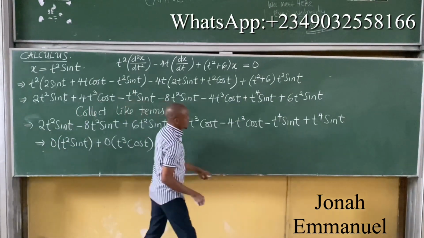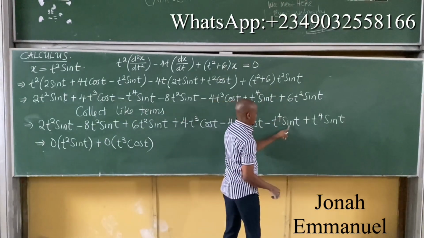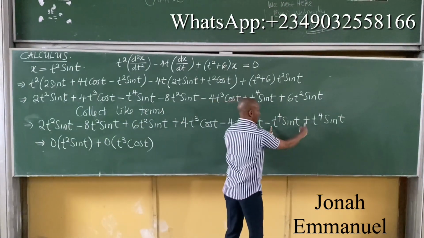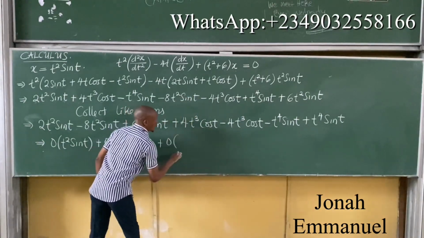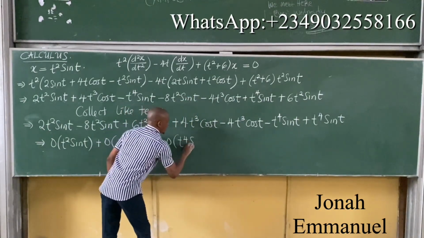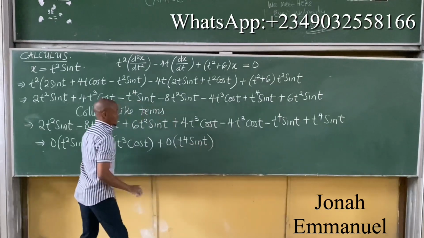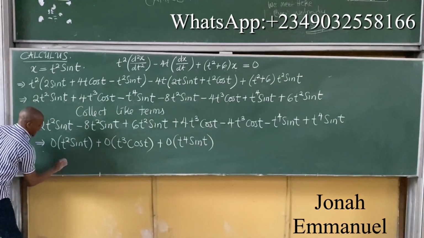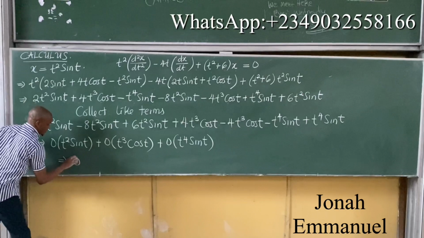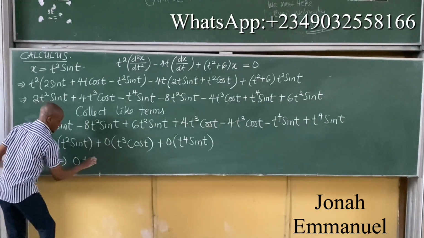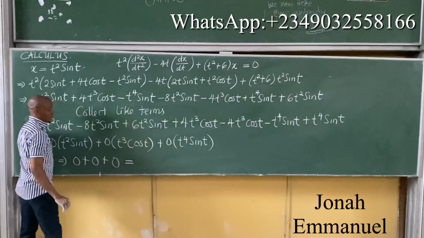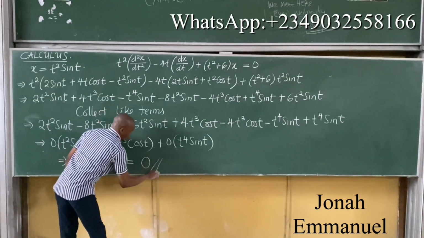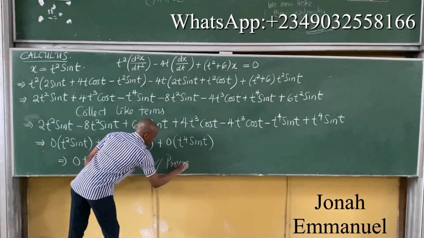For t⁴ sin t, minus 1 plus 1 is 0, so plus 0 times t⁴ sin t. So 0 plus 0 plus 0 gives 0. Proved. That's it.